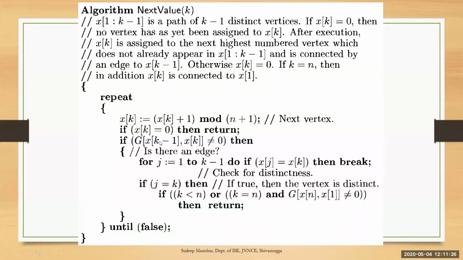You are checking that using this adjacency matrix G. So x of k minus 1 is the previous vertex, and x of k is the current vertex 2. The previous one is 1. From 1 to 2, is there an edge? G is not equal to 0 means there is an edge. If there is an edge, then enter into this. Otherwise, don't enter. Just go back to the loop once again.